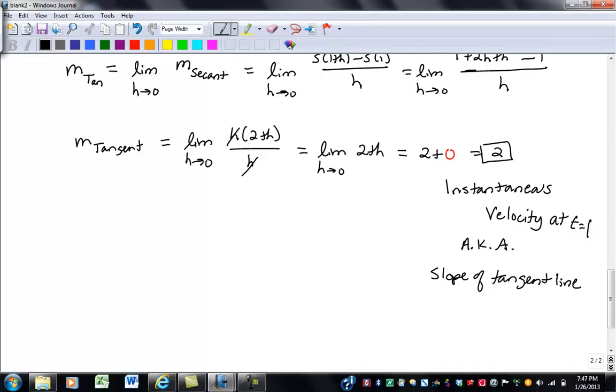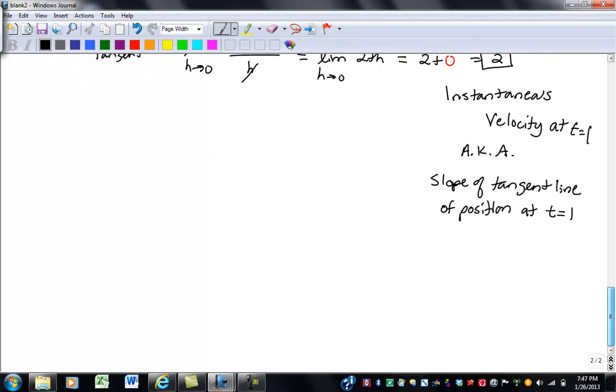And that's also known as the slope of the tangent line of the position at t equals 1. Instantaneous velocity is the slope of the tangent line, whereas average velocity is the slope of the secant line.